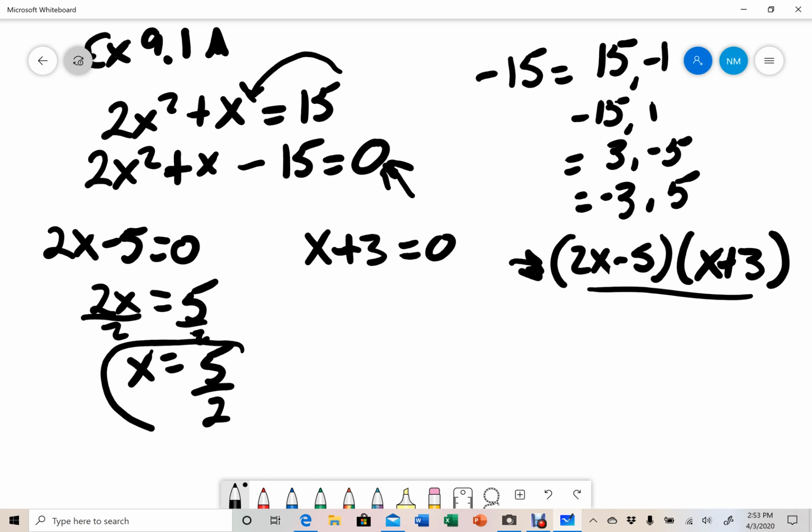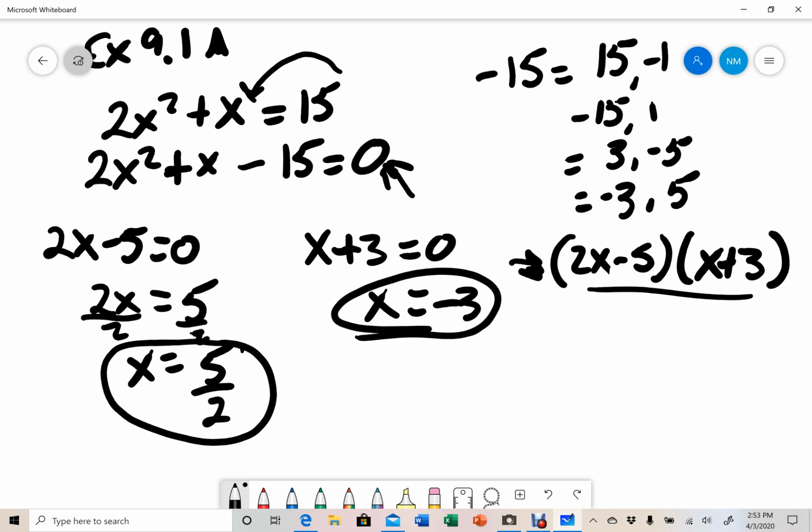So this is my first one. This one's a little easier: x equals negative 3. So now I've got these two answers: x equals 5 over 2 and x equals negative 3.